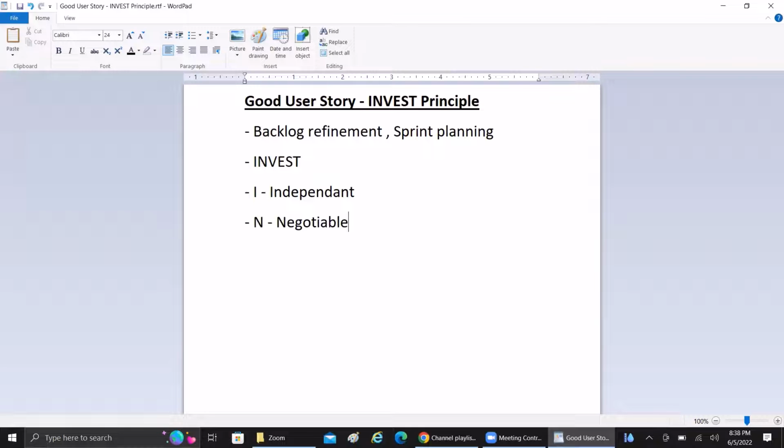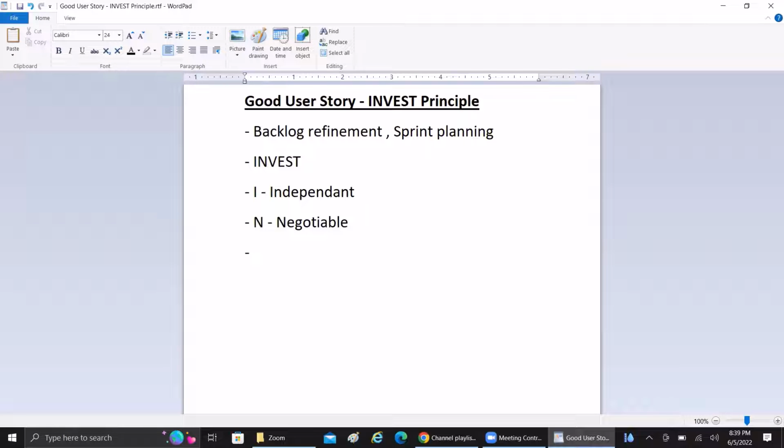So this negotiability between the product owner and the Scrum team should exist for that particular requirement. The user story which the Scrum Master can suggest should be independent, and it should be negotiable between the product owner and the Scrum team.